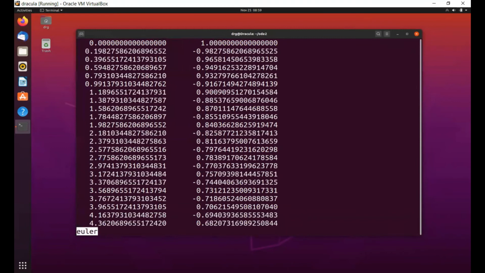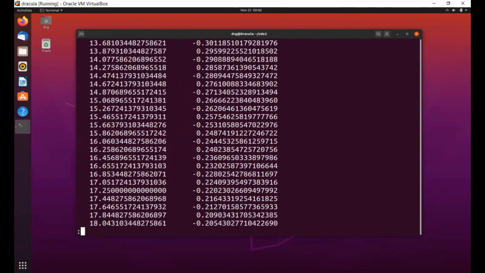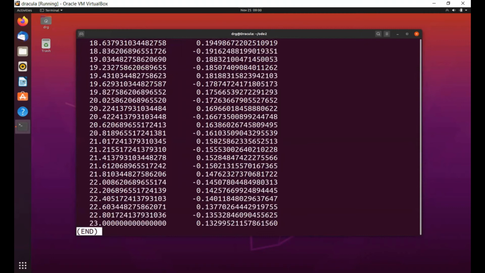So you see 1, negative 0.98, positive 0.96, negative 0.94. The computed solution is decreasing in magnitude, absolutely true, but it's taking a good while to do it. By the time I get down to the end, it's only down to 0.13299.